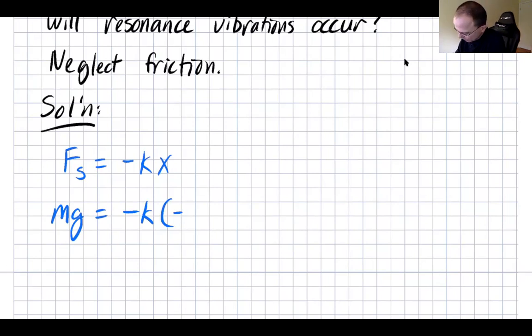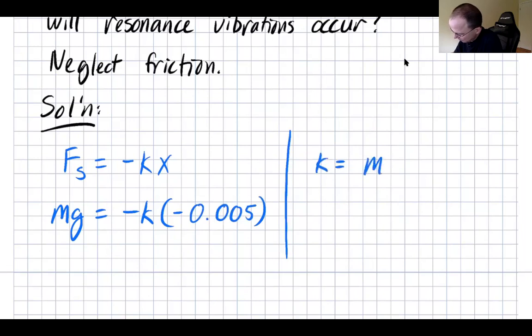So it'll be negative 0.005, right? Half a centimeter. Okay, so there's the displacement, and so therefore we solve for k. k will be equal to m times g, which is 9.8, divided by 0.005.